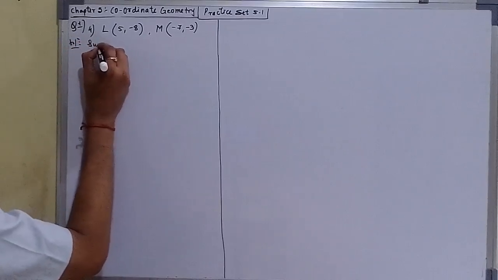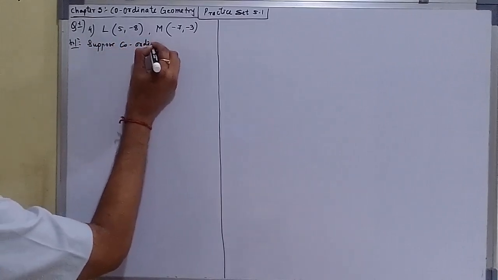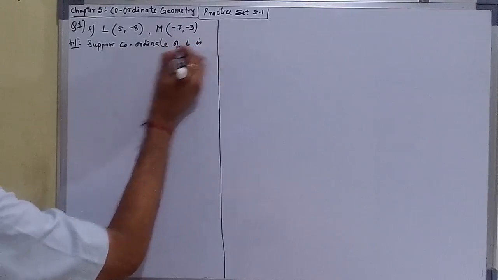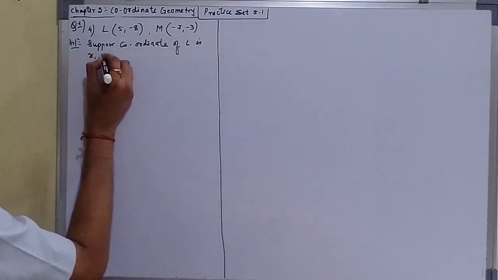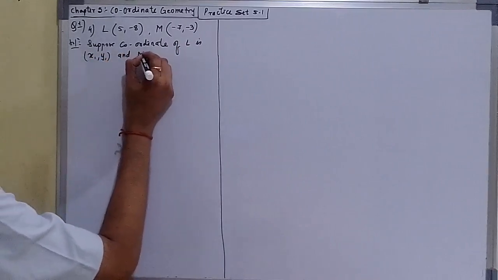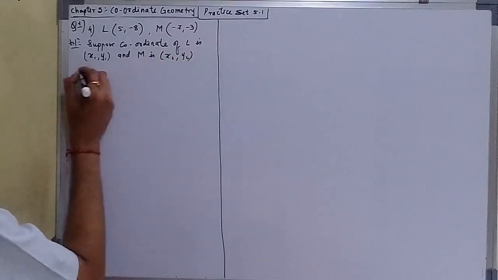Suppose the coordinates of L are x1, y1 and M is x2, y2.